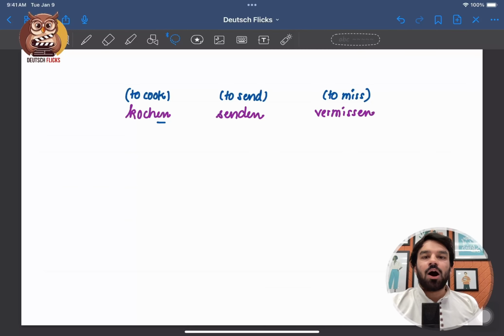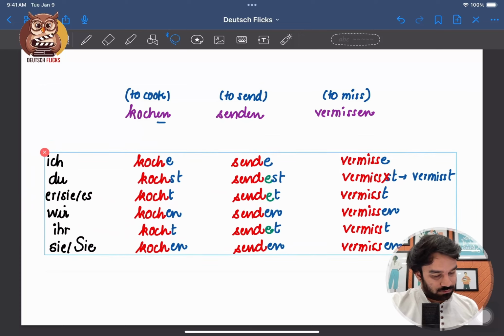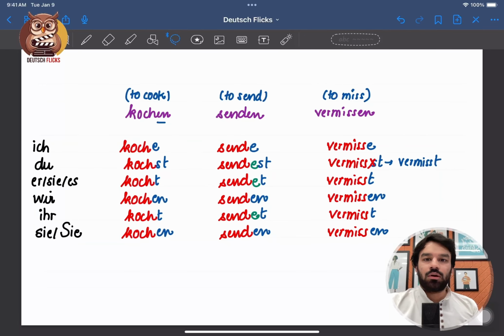Okay, so now I will show you the conjugation of kochen, senden, and vermissen. I have written all the personal pronouns in sequence, and there's no problem with kochen.